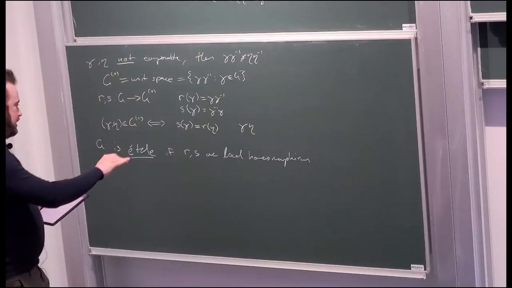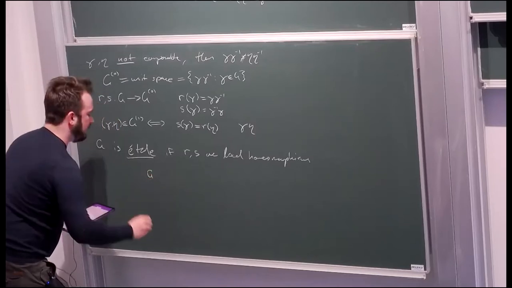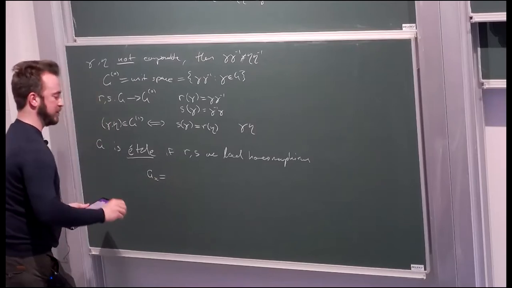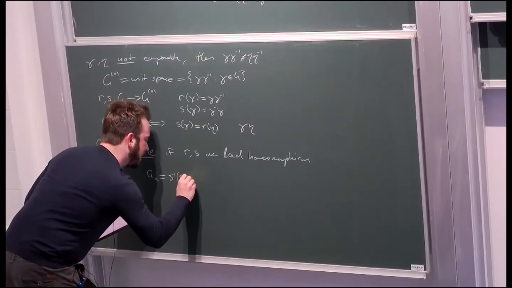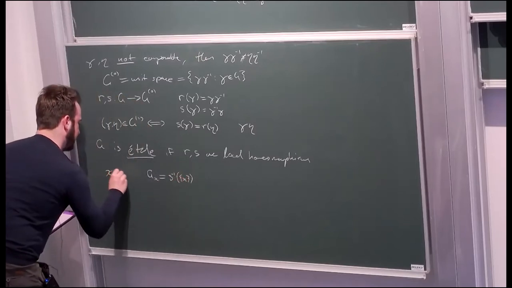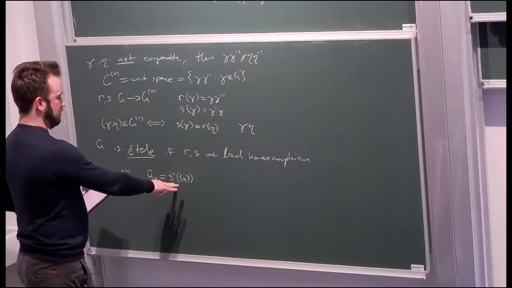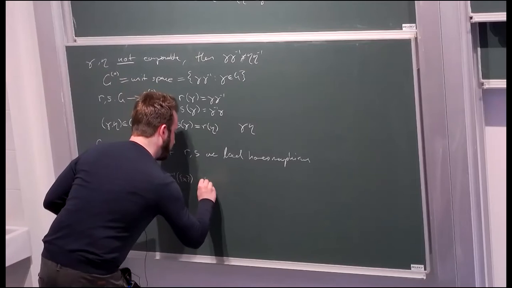If G is étale, then one thing you get is that G subscript X, which you could picture as the source fiber over a point X in the unit space, so if X is in the unit space, the set of points that get mapped to X, is discrete.